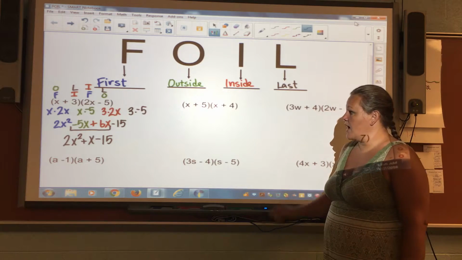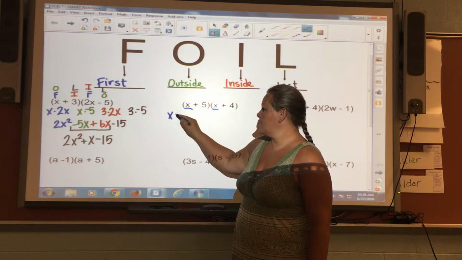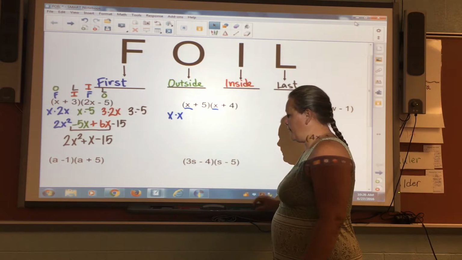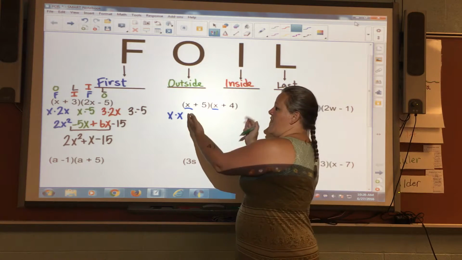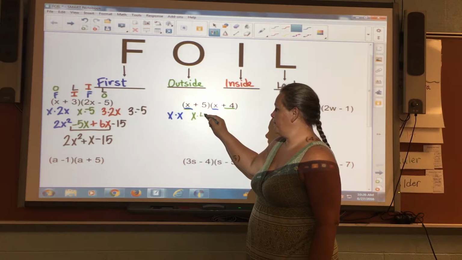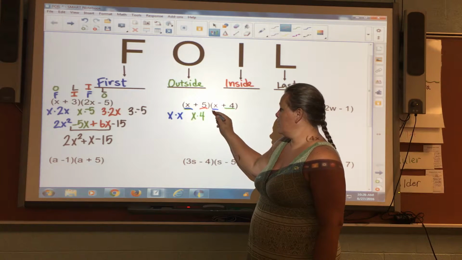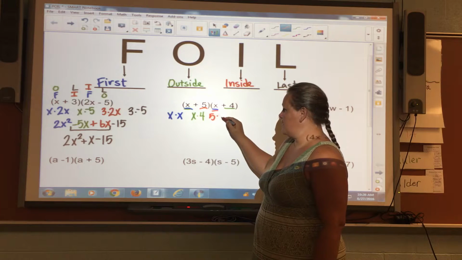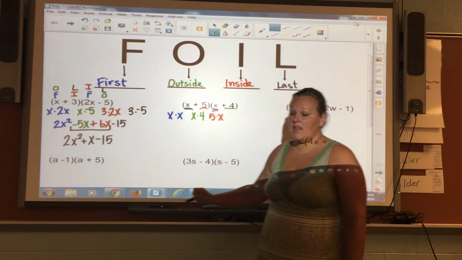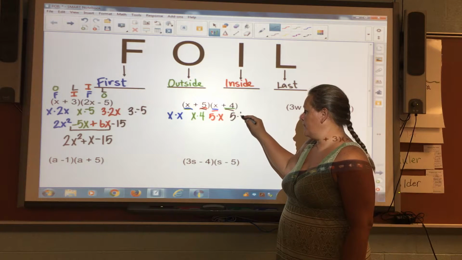The next one, again, first is x times x. The outside edge is x times 4. The inside of the problem is 5 times x. And the last thing in each set of parentheses is 5 times 4.